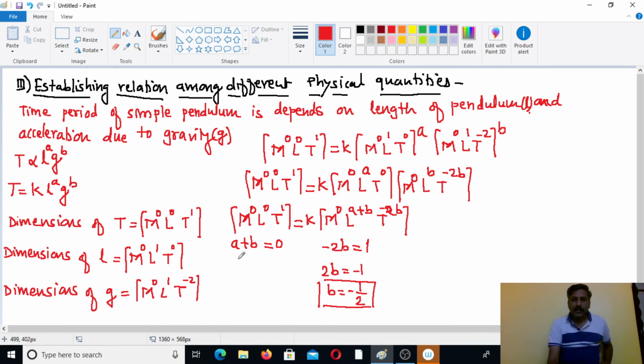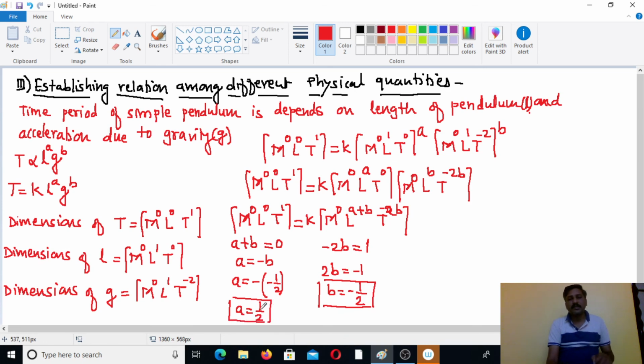Here I am getting a very important relation, b equals minus 1 by 2. Okay, here a plus b equals 0. So I will write a equals minus b, that is a equals minus the value of b, which is minus 1 by 2. So a becomes plus 1 by 2.